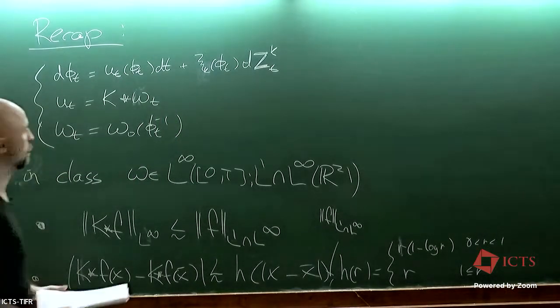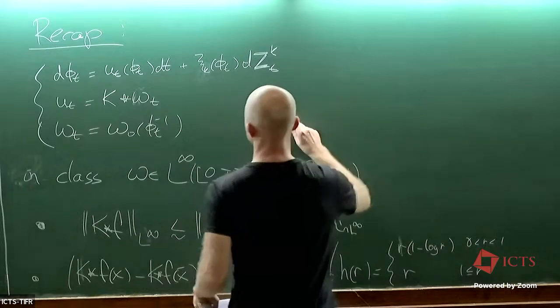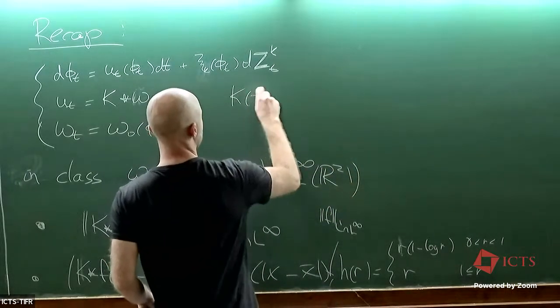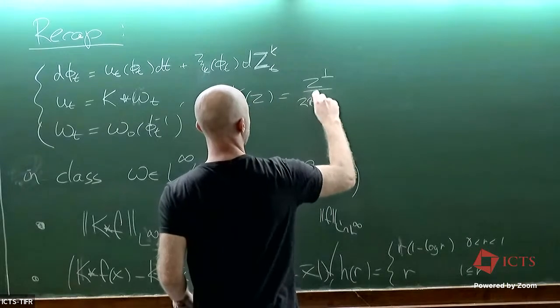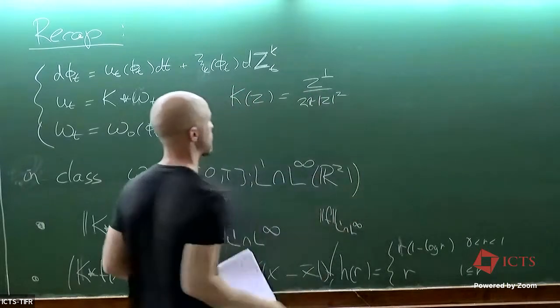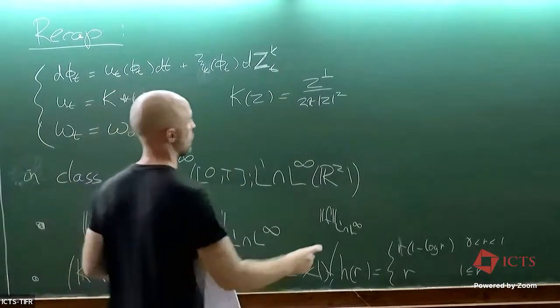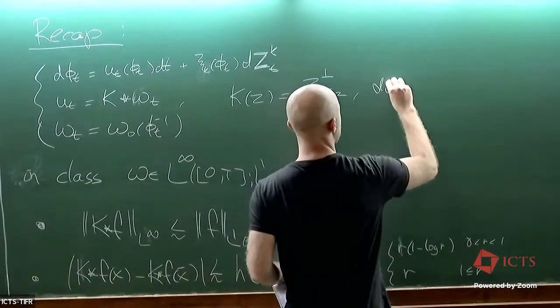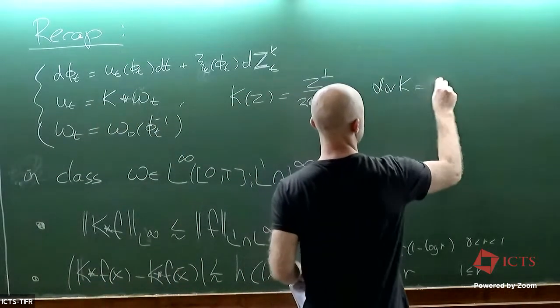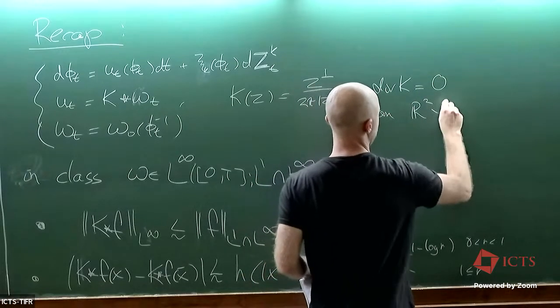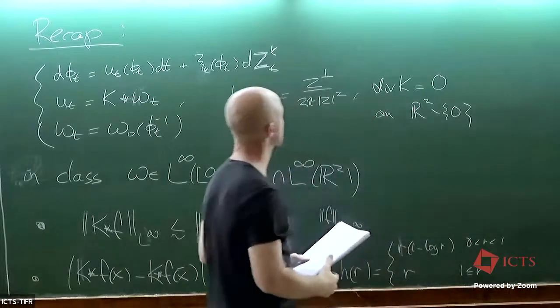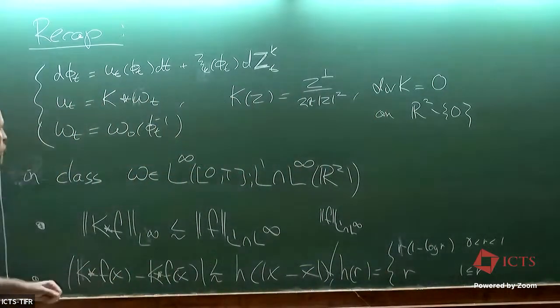And I should also say, we can also check, recall, the kernel K is z perpendicular over 2 pi absolute value of z. And what you can check is that the divergence of K is equal to 0 outside 0.